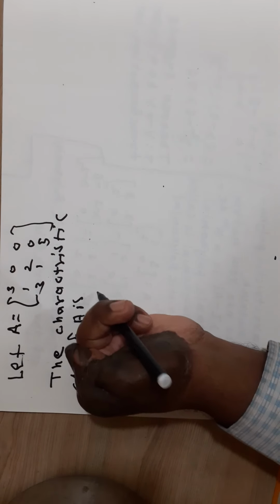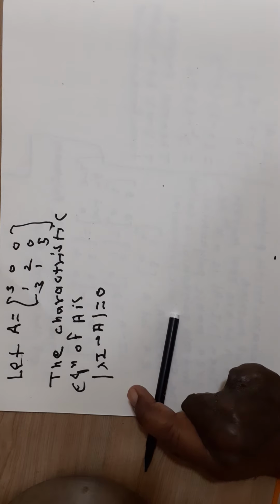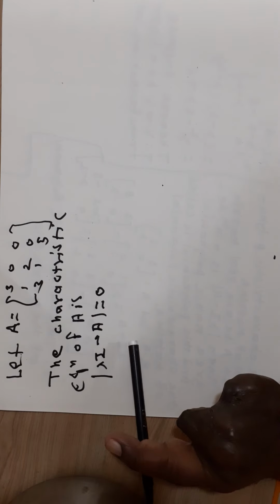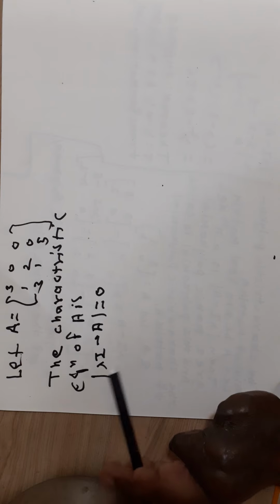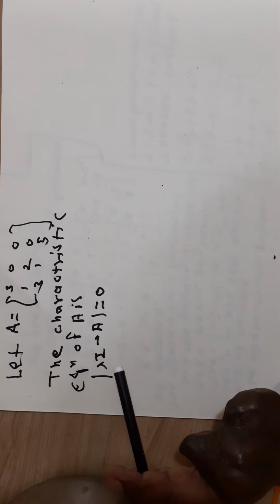On the left hand side we have a monic polynomial of degree 3, and when that polynomial is equated with 0, the resulting equation is called the characteristic equation of the matrix A.